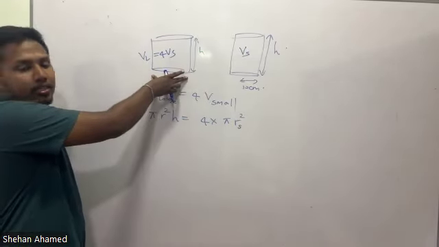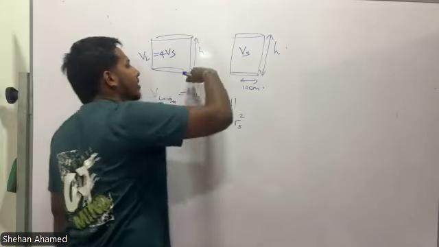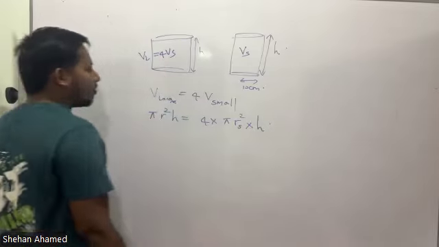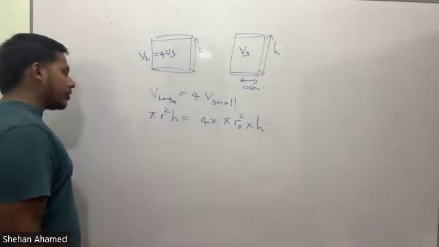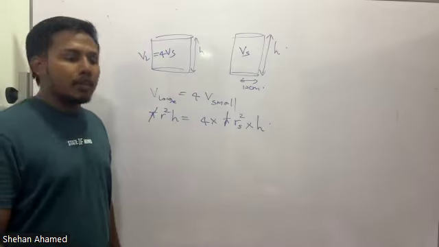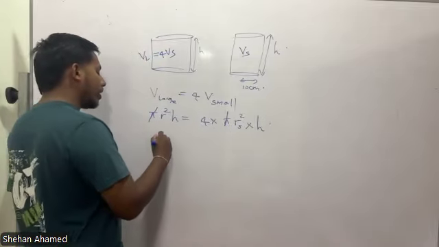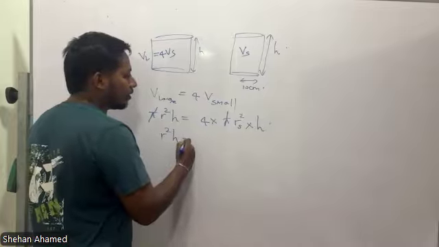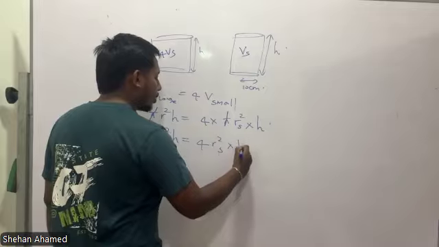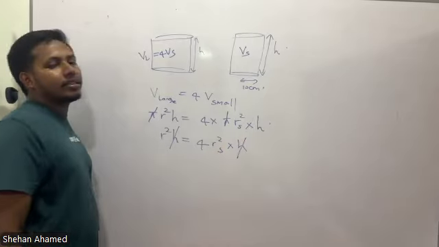You can see this cylinder is big and this cylinder is small, but the heights are the same. Look carefully students, this pi and this pi, I can cancel off. After that, r squared h is equal to 4 r squared s into h. I can cut this h as well as this h.